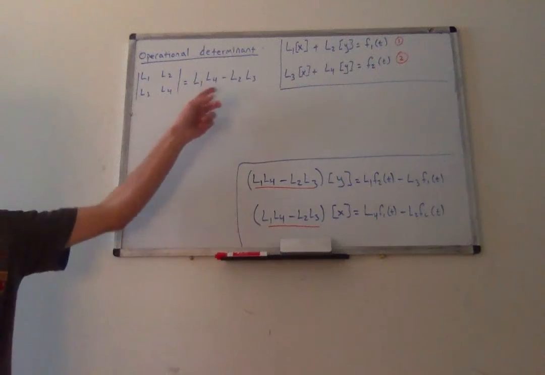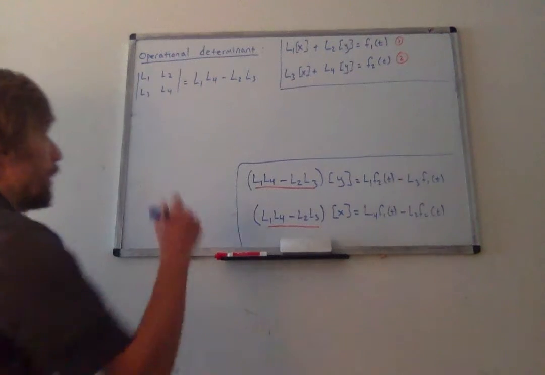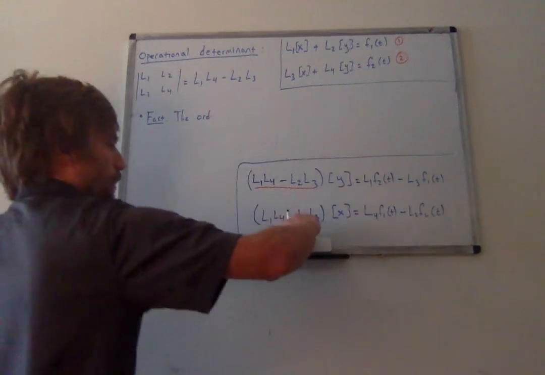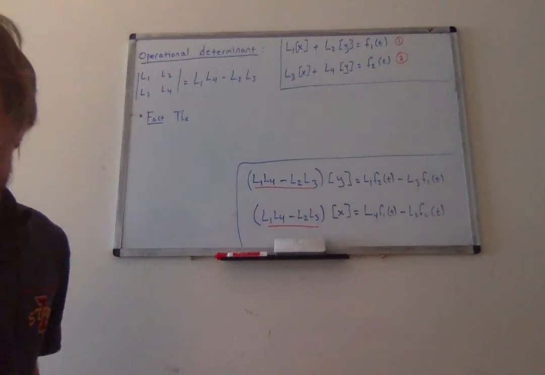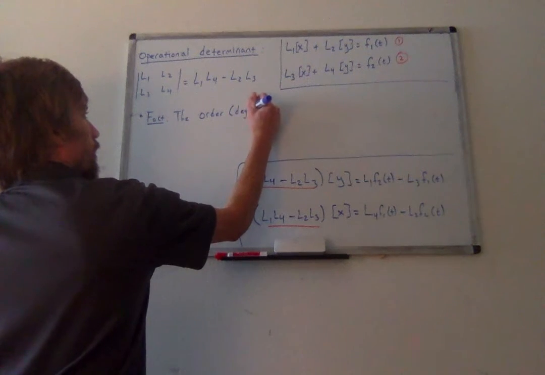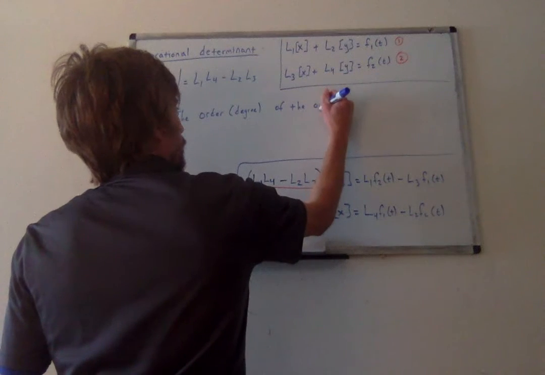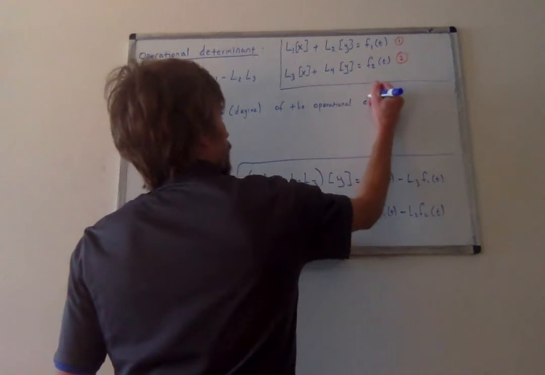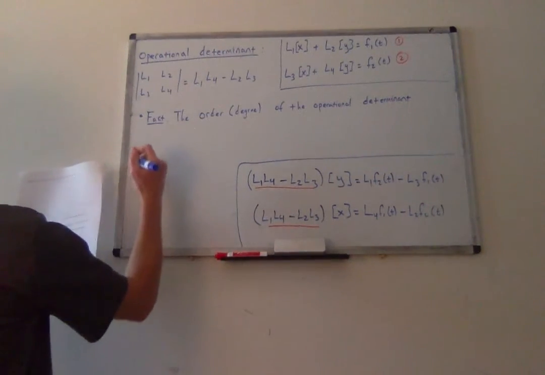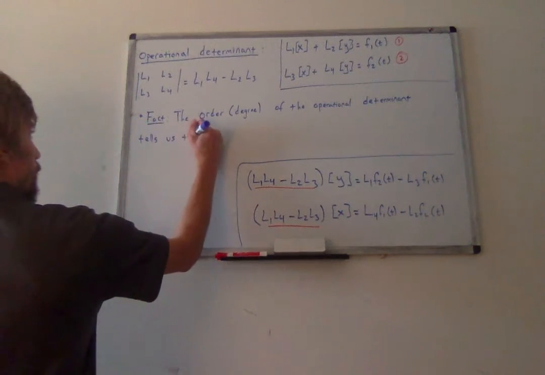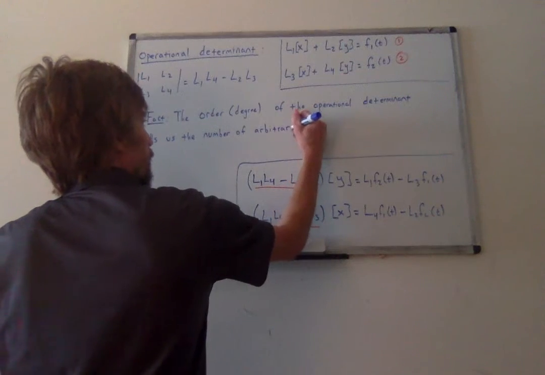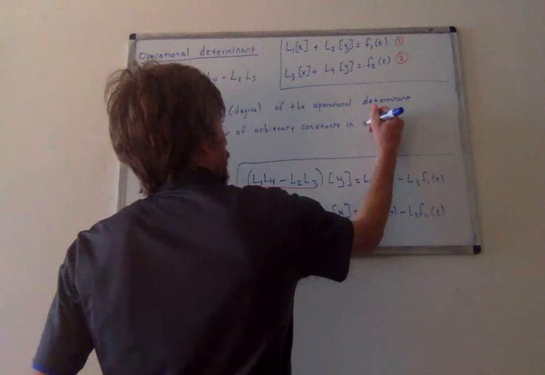From the operational determinant, we can know how many arbitrary constants are in a solution: the order, or you might also think of it as the degree, of the operational determinant tells us the number of arbitrary constants in a solution.